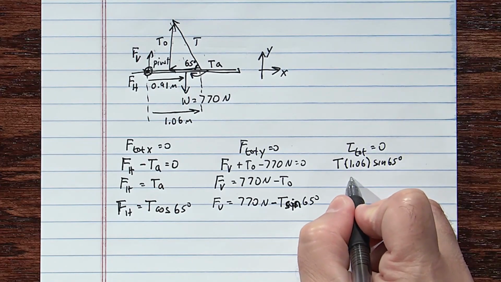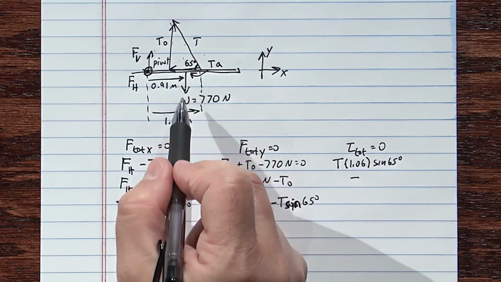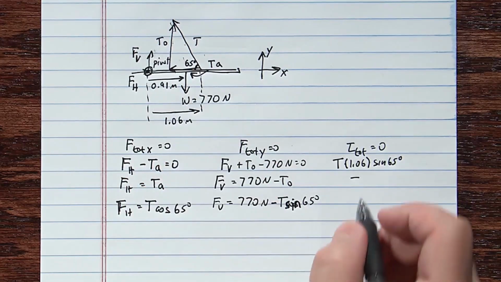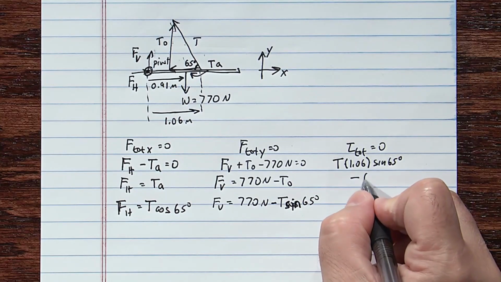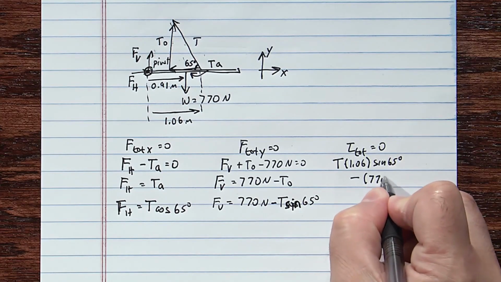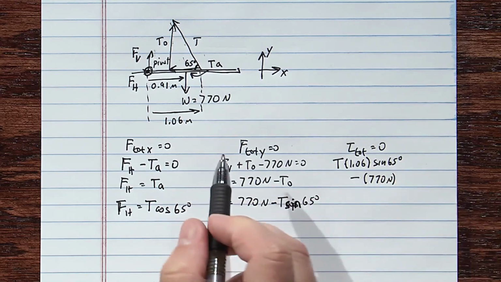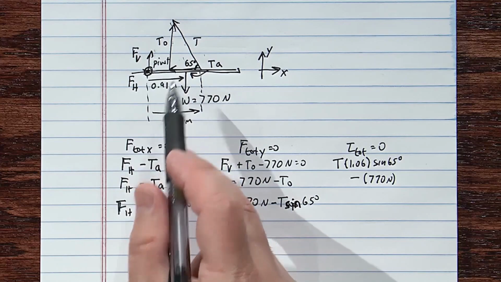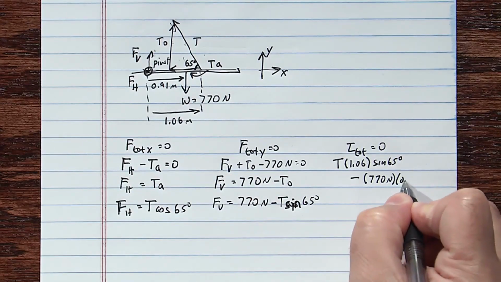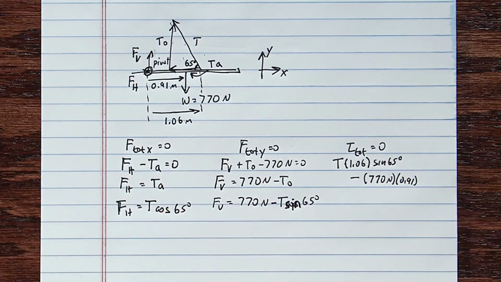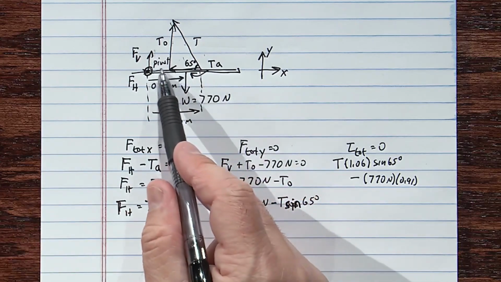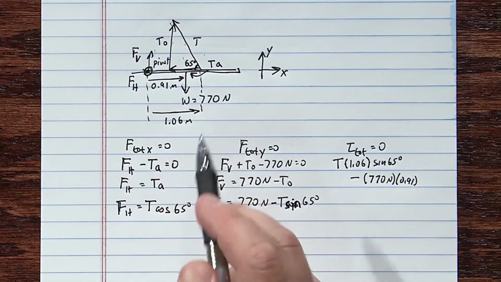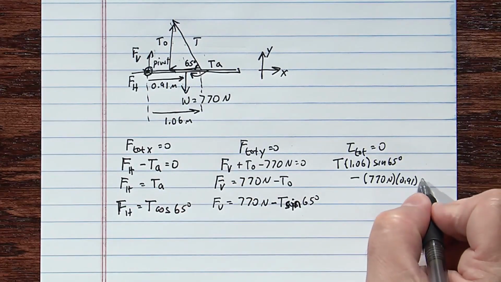And then I have to subtract off my negative torque, which comes from weight. And so the negative torque is the weight of 770 newtons times the distance that the weight is from our pivot point, times 0.91, times the sine of the angle that weight makes with the person, which is 90 degrees.